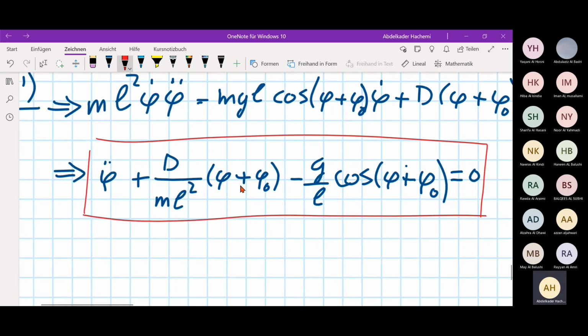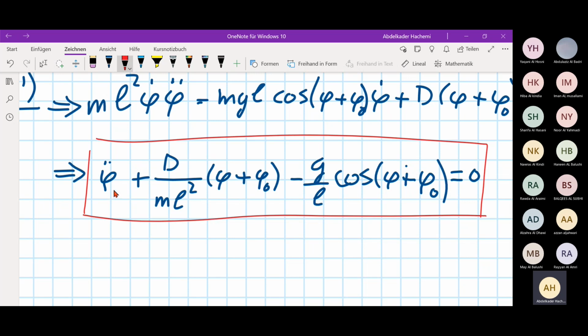To get the solution, it's not asked for. In practice, in reality, we don't ask for the differential equation. We ask to determine the position phi.